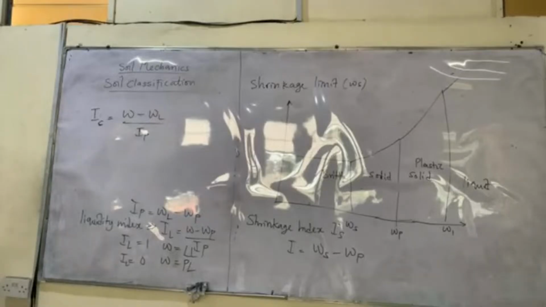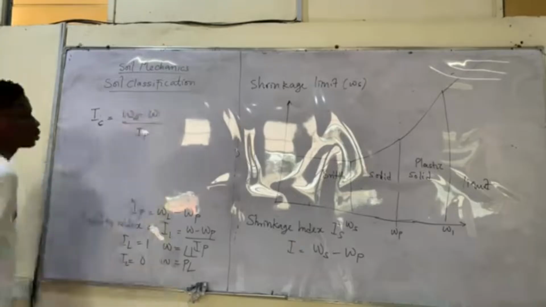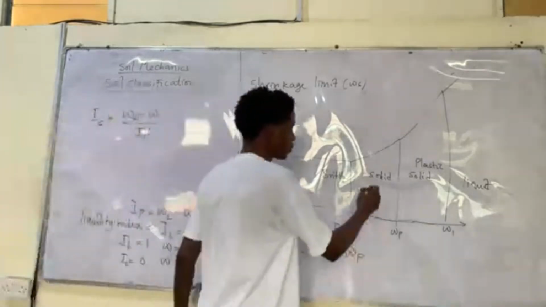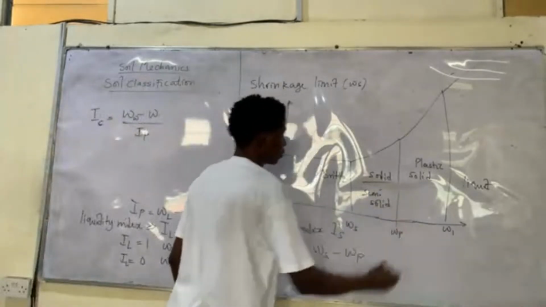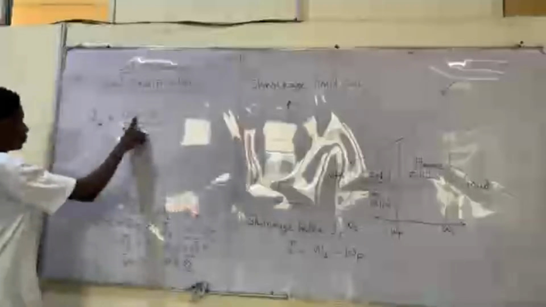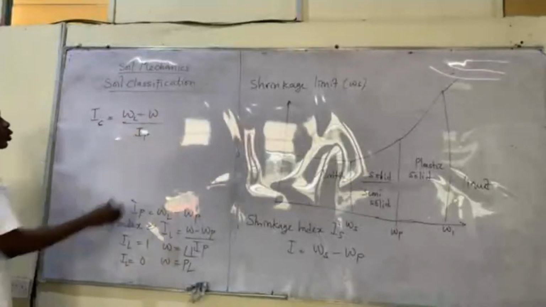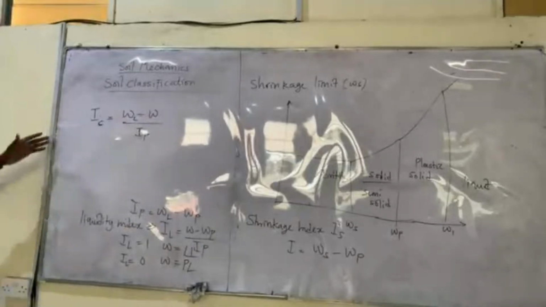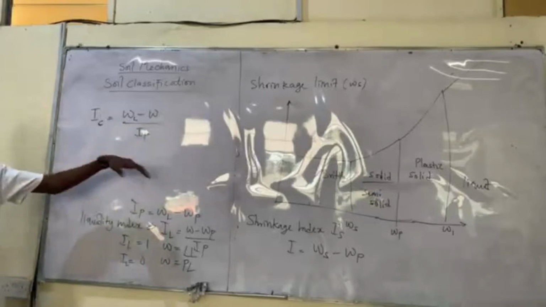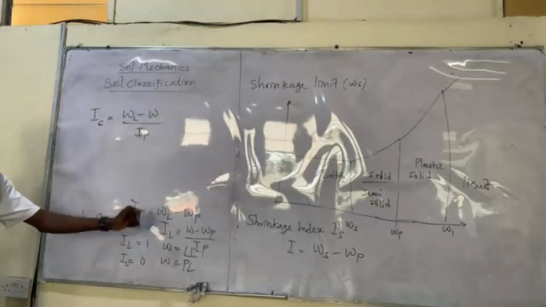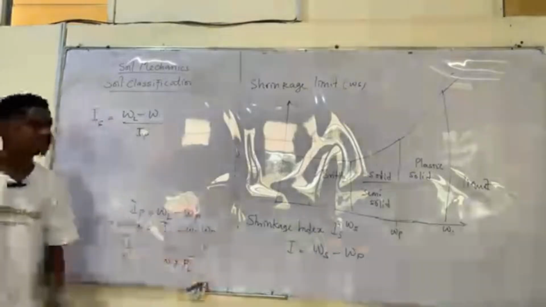So this is the consistency index. This is the formula. It is the relationship between the water content and the liquid limit. This one is the relationship between the natural water content and the plastic limit.